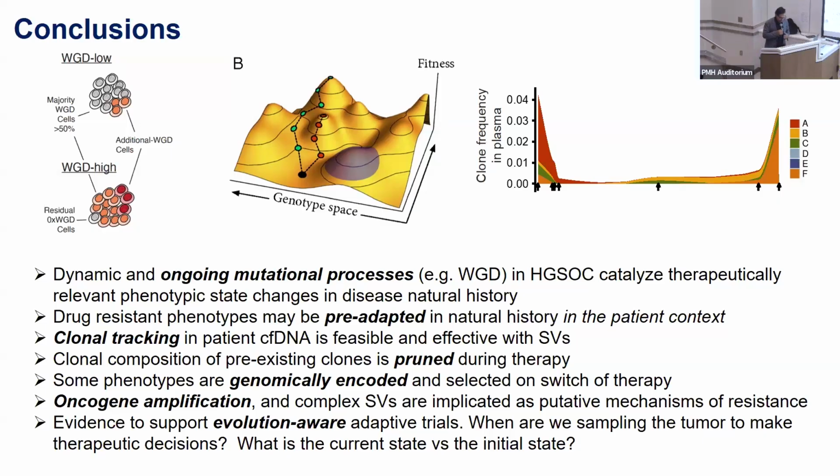I think I'll skip over this, but the principle here is that there is evidence to support evolutionarily aware adaptive trials. And when are we sampling the tumor to make therapeutic decisions? Can we actually read out the state of the tumor prior to making a maintenance therapy decision, for example?